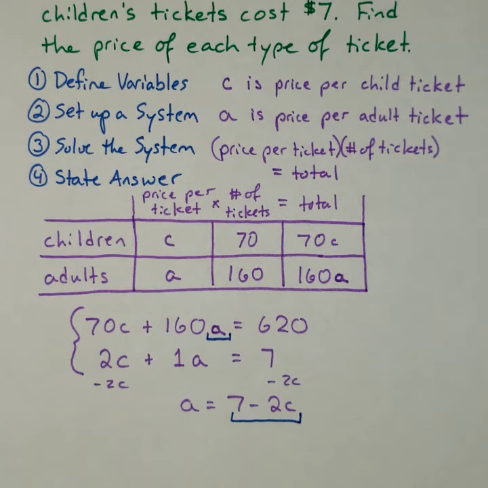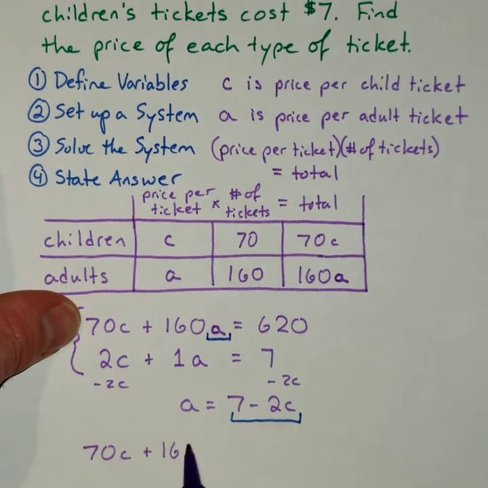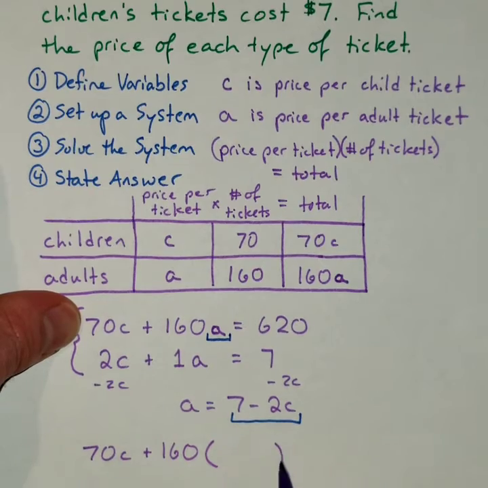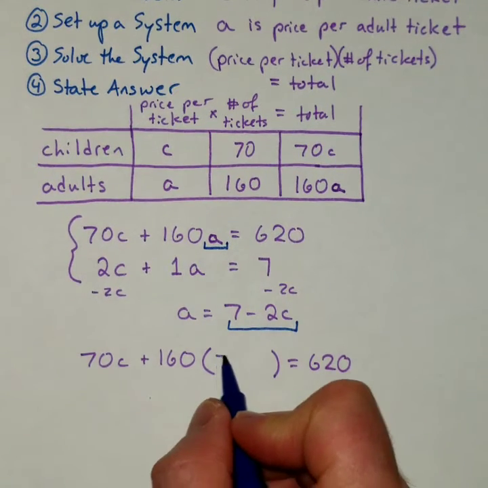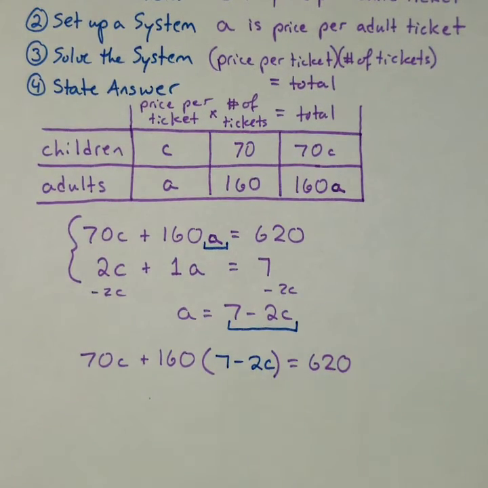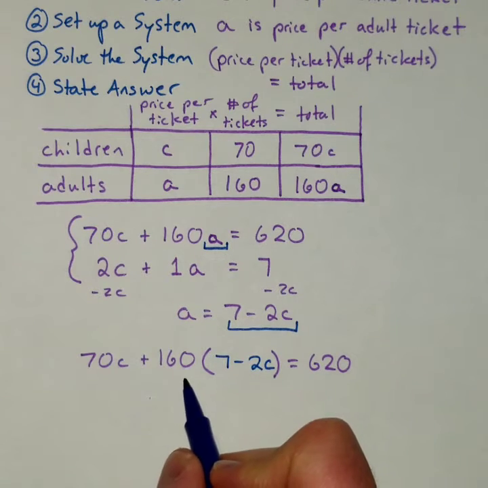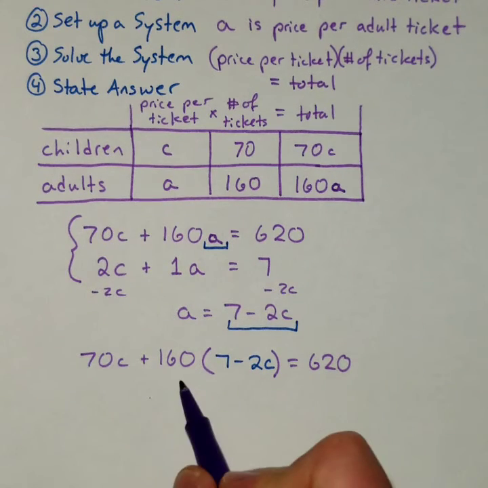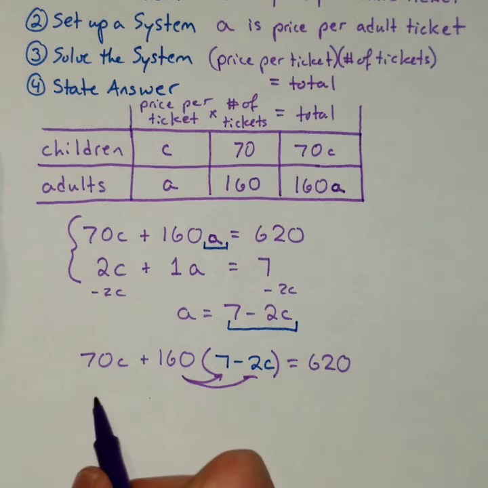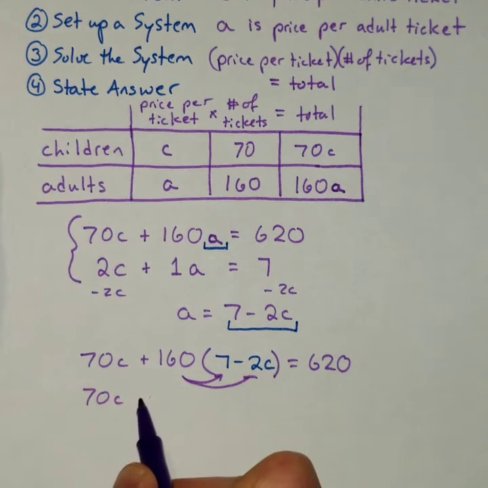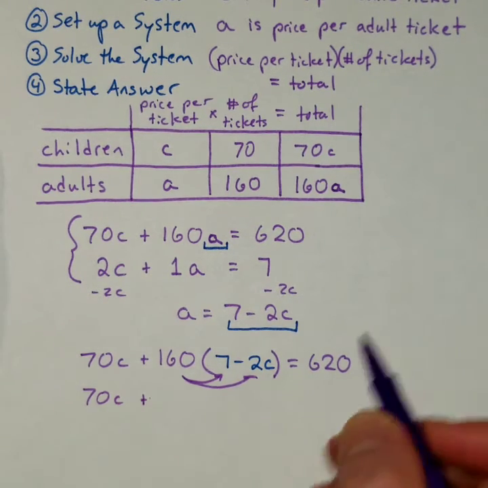So I'm going to rewrite the first equation. That is 70C plus 160, and the A becomes my new stuff, which is 7 minus 2C. That equals 620. Then I need to distribute. When I distribute here, I need to multiply 160 times 7.